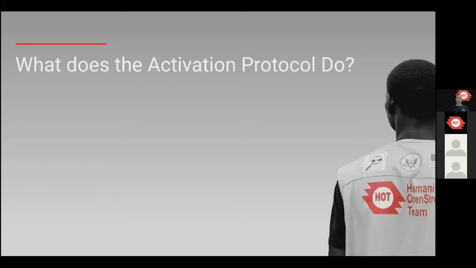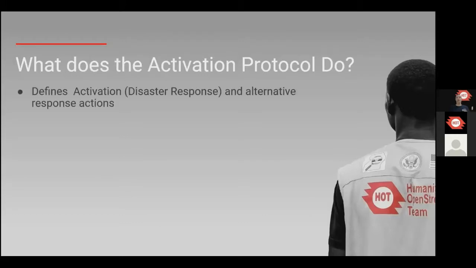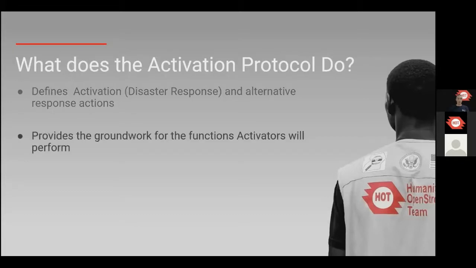Well, number one, it defines activation or disaster response and alternative responses that we might do if activation is not the right thing. Number 2, it provides the groundwork for the functions activators perform during an activation.